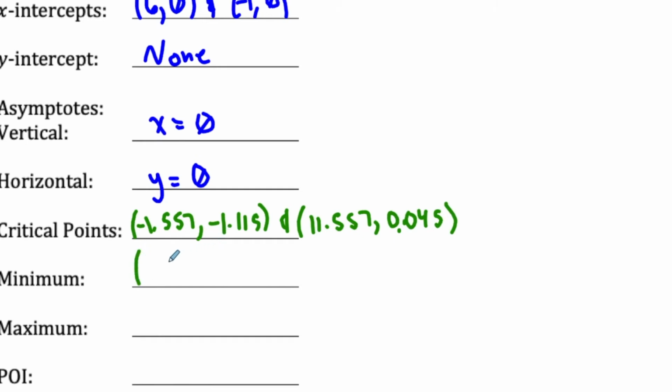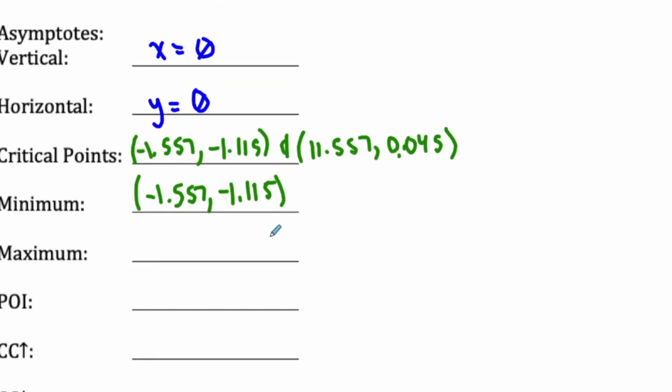But our local min will be this point, negative 1.557, negative 1.115. And then the max is going to be the other point because that's your highest value, even though it's a small number, it's just a positive number. So 11.557, 0.045. That would be your max. So we don't need to do a table for that because we already have the y values. We know which one is the highest and the lowest just from the y values there.